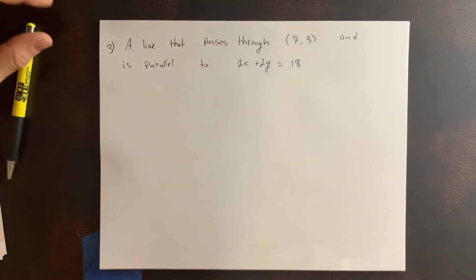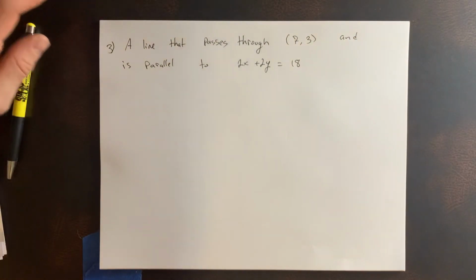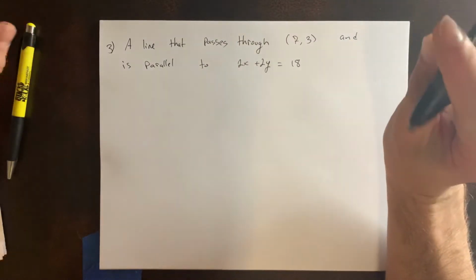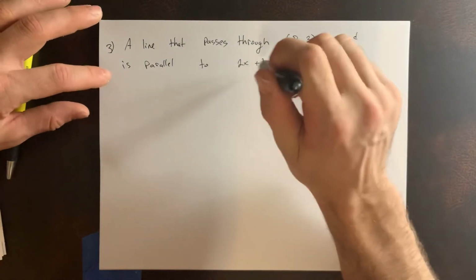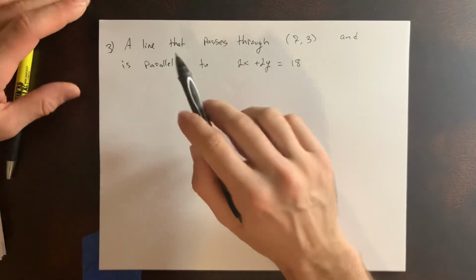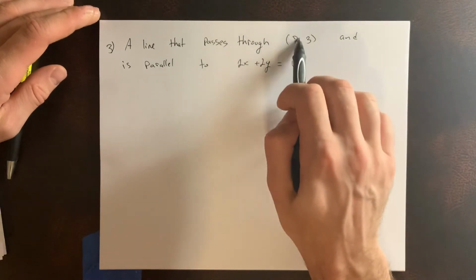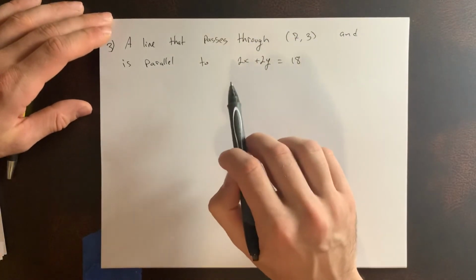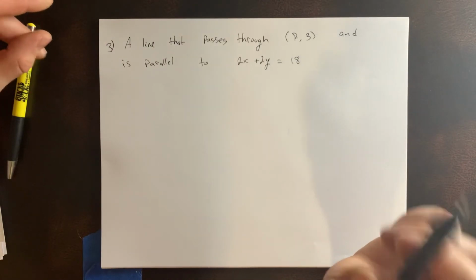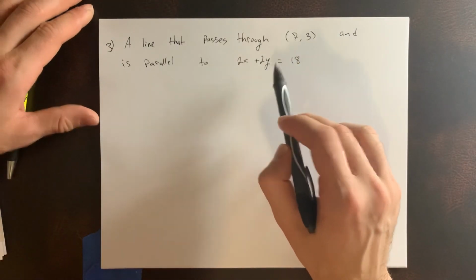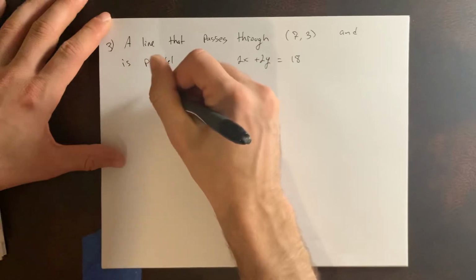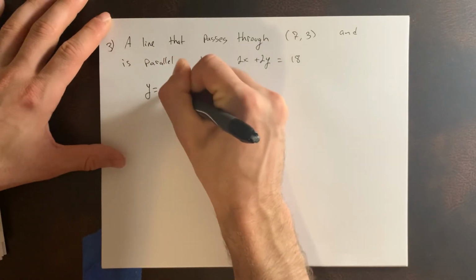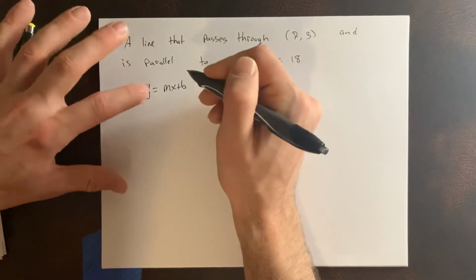Okay, so again, this is sort of similar to the last one, except before we wanted to find an equation of a line that was perpendicular to a given line, but now we want to find an equation of a line that passes through this point and is parallel to a given line. But what was different is that the line we were given in the previous problem was already in the y equals mx plus b form. Again, this is what we want, the equation of a line.